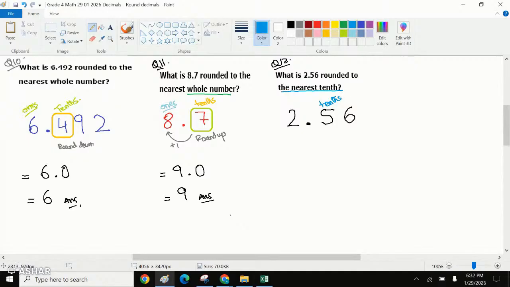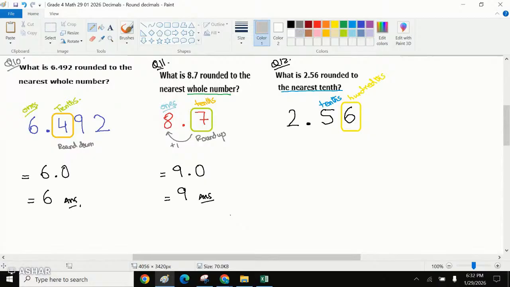We need to round it off to the tenths. That means we need to keep the tenths. Then we look at the number after the tenths. That is the hundredths position. Right? Would the hundredths position round up? Yes, thank you, Semi.